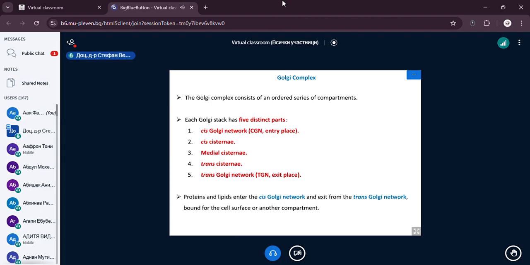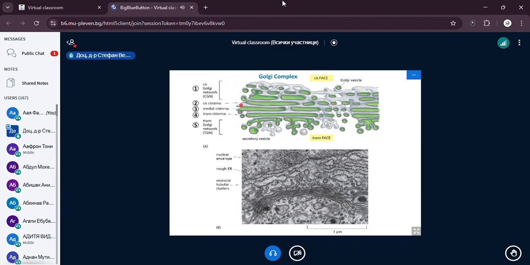The first one, which is the convex part, and it faces towards the nucleus and the endoplasmic reticulum, is called cis-Golgi network. Why? Because it consists of a network of interconnected vesicles. Here, the vesicles which are traveling towards the Golgi apparatus start to fuse with each other and form this interconnected cis-Golgi network of such vesicles.